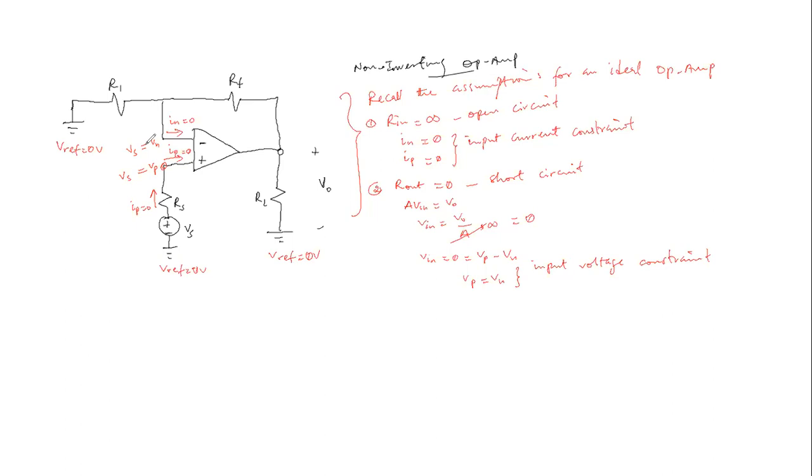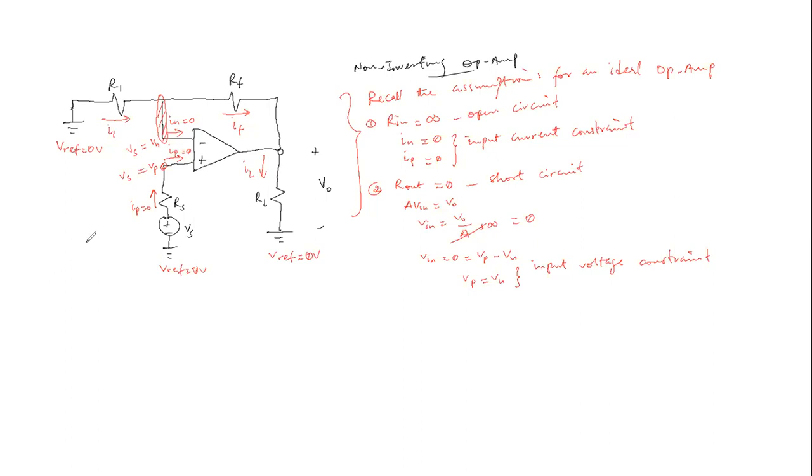So if this is clear, we have that the current flowing through this resistor is I sub 1, and the current flowing through this is I sub F. If we write KCL at the input, at this node, current I sub 1 flows in, I sub N, which is equal to 0, flows out, and I sub F flows out.